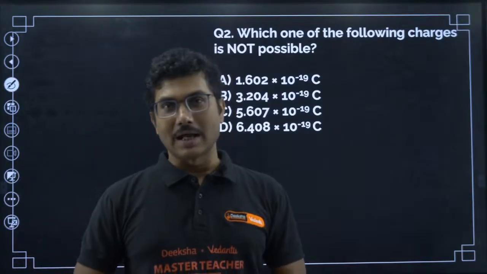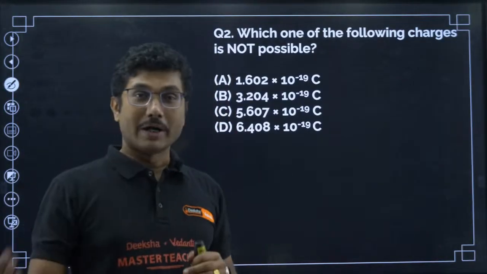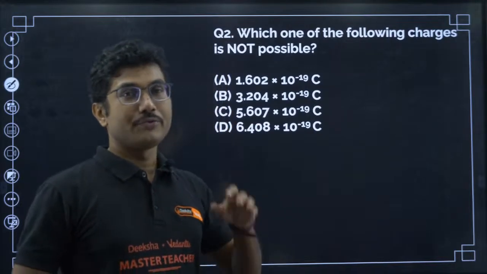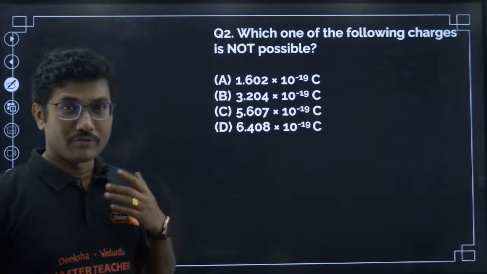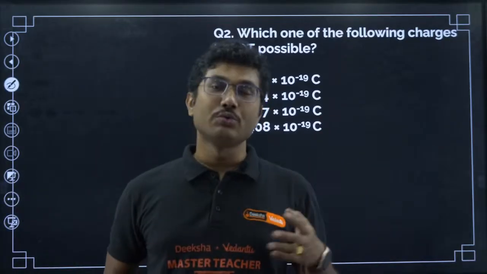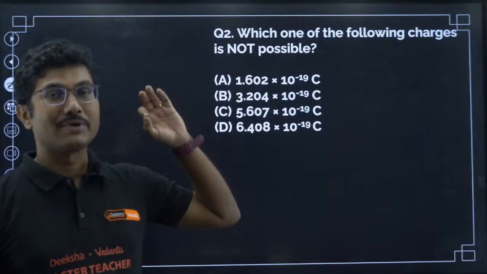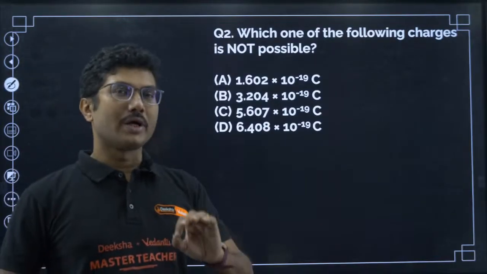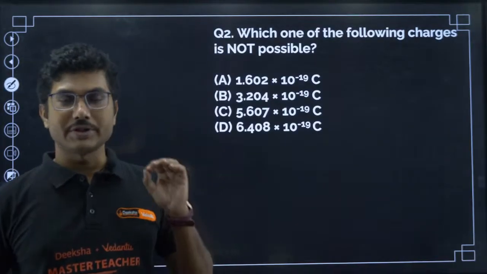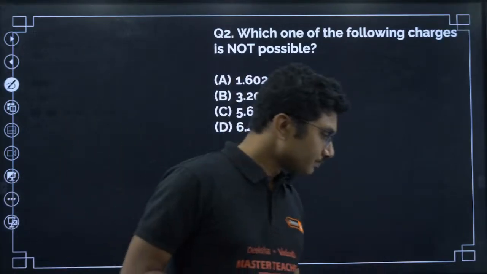So based on your time availability, you can either watch that 2.5 hour video, or if you don't have time and you want to study from your textbook or from your guidebook, you can go through the quick revision video that was uploaded yesterday. You can check that out, where I have discussed all the important questions. If you watch and solve those questions, definitely you will score very well in the upcoming exam, right?